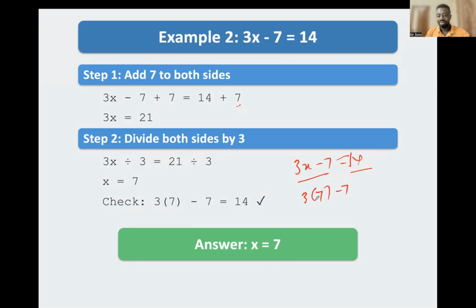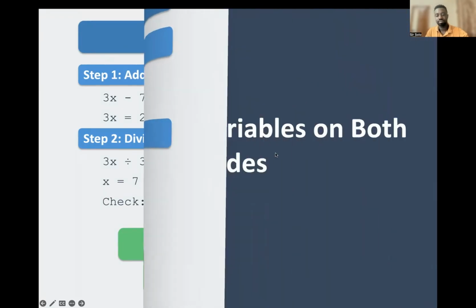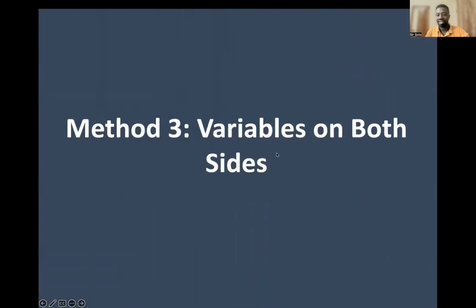So 3 times 7 is 21, minus 7 is 14. And correct, it is 14, right? So it means that the left and the right sides are the same because it must be 14. So that means it's an equation, the left and right sides are equal.